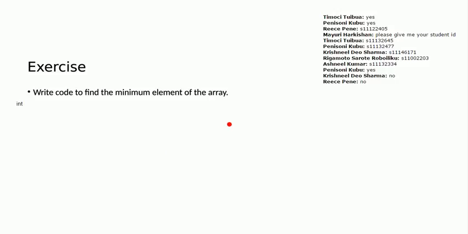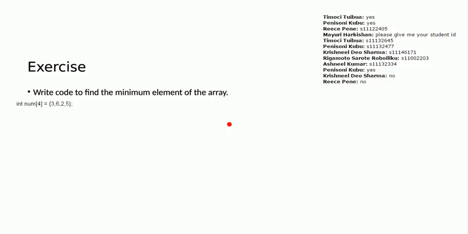Let's say the name of the array is num, and it's of size 4, and let's initialize it to 3, 6, 2, and 5, right? So we have done array initialization. Let's write code here to find the minimum.